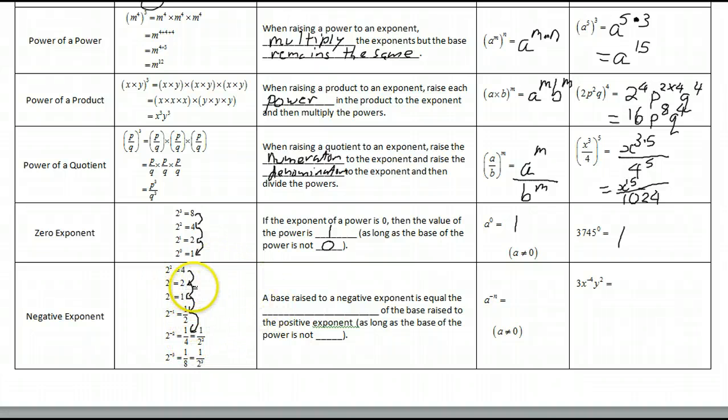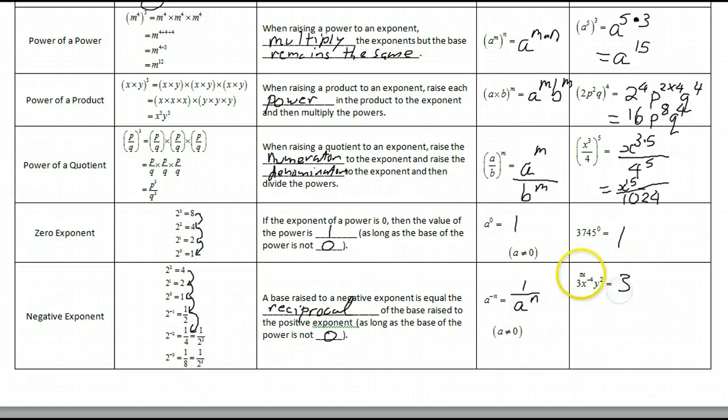A base raised to a negative exponent is equal to the reciprocal of the base raised to the positive exponent. So if the base is 2, the reciprocal of the base is 1/2 raised to the positive exponent, as long as the base is not 0. So a to the negative n is 1 over a to the n.